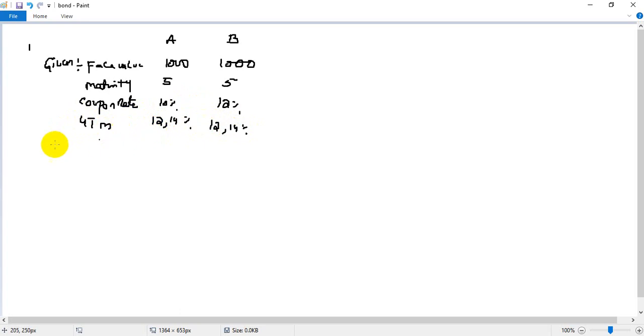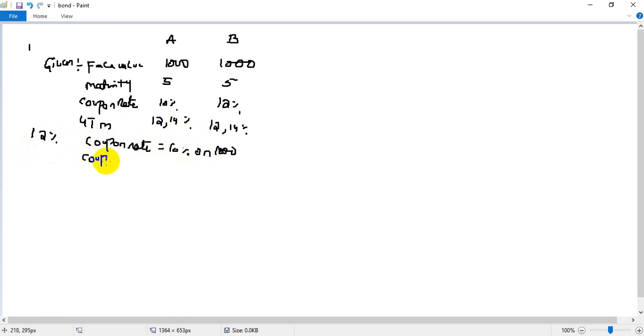So he is asking us to calculate the price of the bond and we need to prove the theorem that has been given. So let's use 12% first, and coupon rate 10% will be on 1,000. On face value you need to do it.